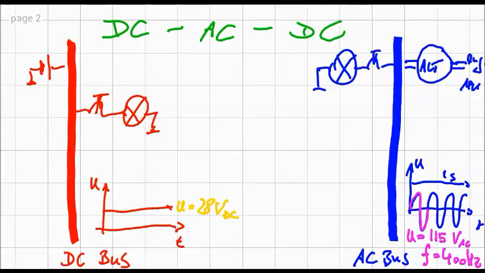Now, the AC side has the great advantage that we can run the engine as long as we want, of course as long as we have fuel to burn. But when the engine does not run, and that may be during maintenance in the hangar or when we park the aircraft overnight or something like this, there is no electricity generation.